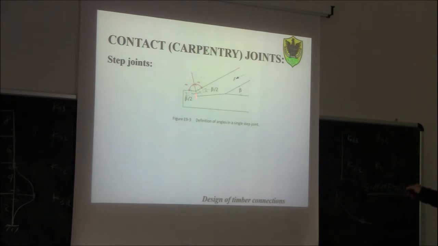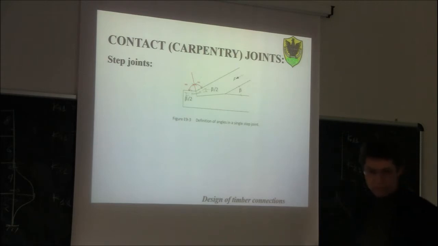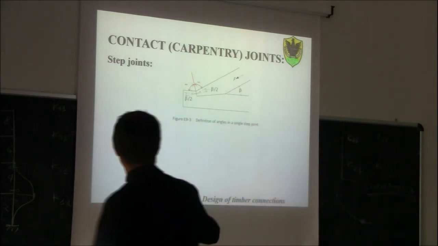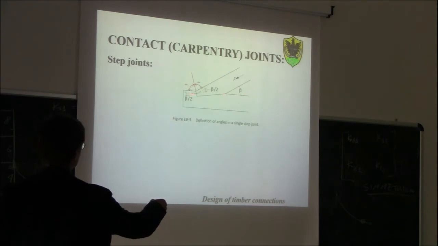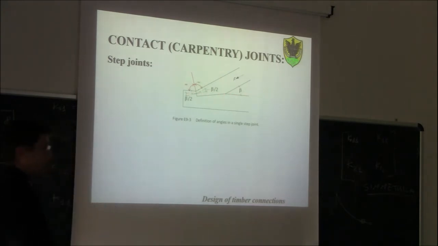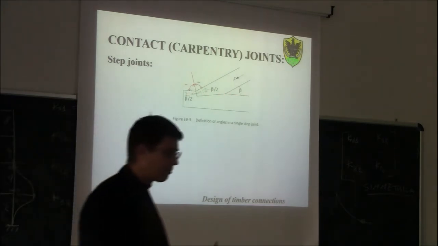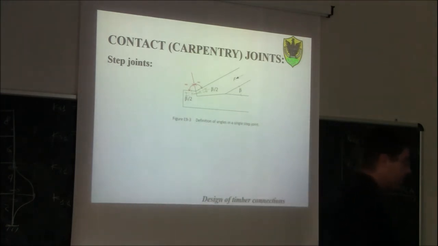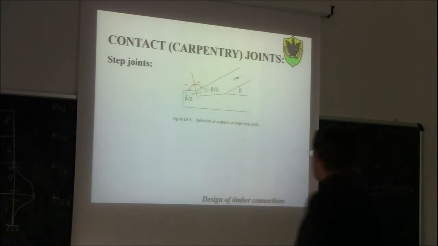So this is kind of a bisector of the angle. So this is very commonly cut in this way. And also the other member is usually cut on the bisector, but this is not always true. Sometimes this could also be cut at a different angle. But this one, as I said before, on the notch, is usually cut at half of the angle.